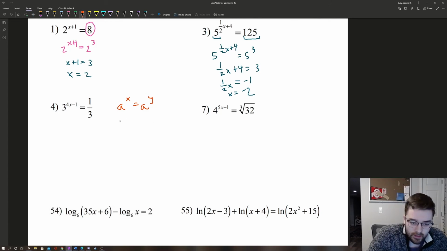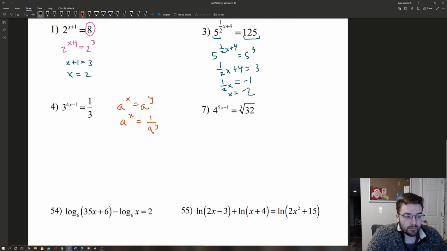We don't like to have a to the x equals 1 over a to the y. That doesn't really help us out. We actually can't use the one-to-one property. We can't set x equal to y just yet.